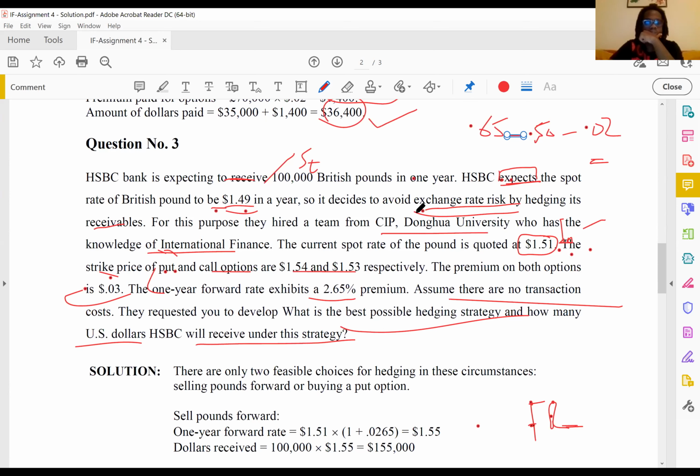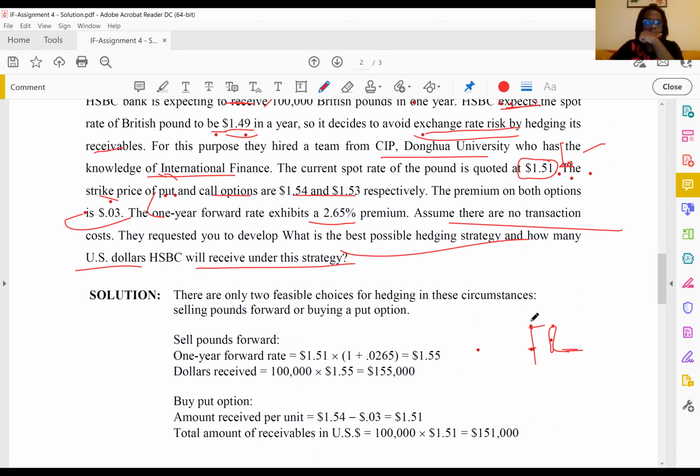So would you enter into a contract in which the pound is appreciating? No, that is not your risk. Your risk is because you are receiving pounds. So there are different strategies. If you want to go to options, you will buy a put option. Why?